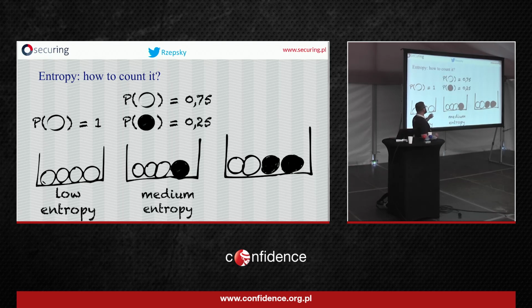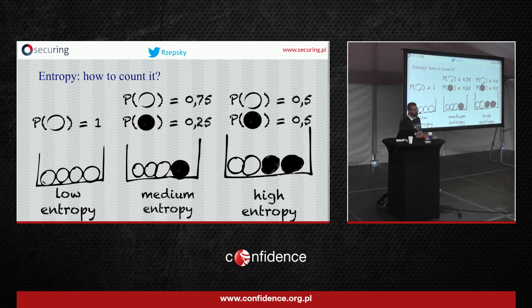Here, most likely you will find the white ball, however, it is still the biggest probability to find the white ball. And the third bucket has the highest entropy comparing all those 3 buckets.